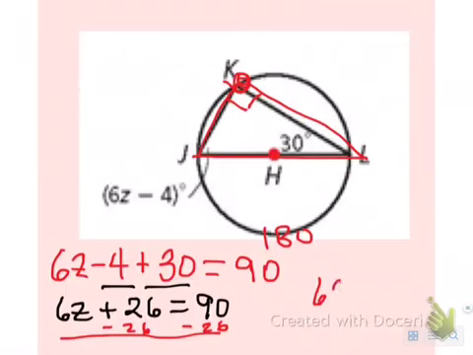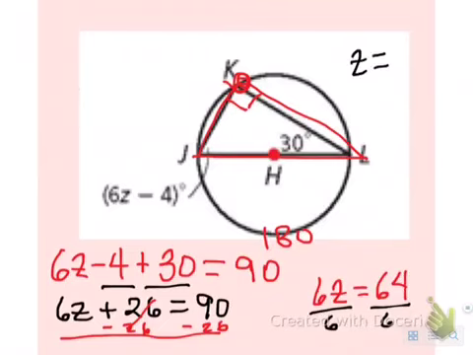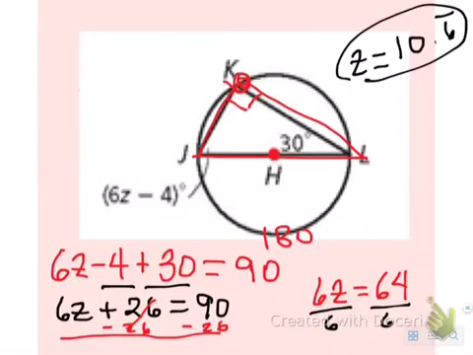So that's going to give me 6z equals, those cancel, 64. Or is it 54? So divide both sides by 6. So 64 divided by 6 is going to give me 10.6 repeating. So z equals 10.6 repeating.